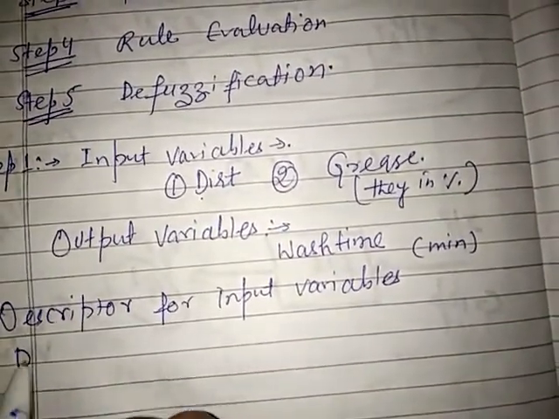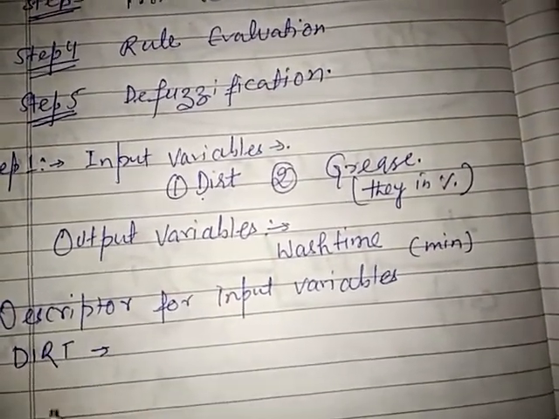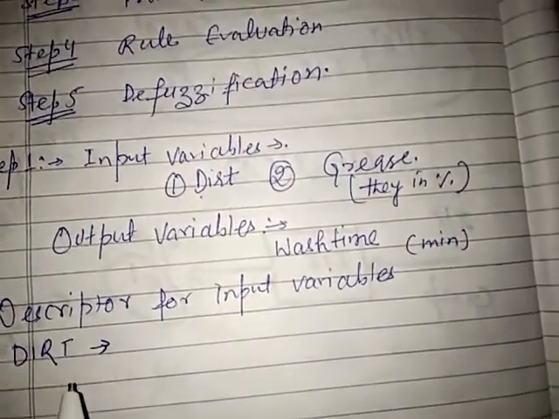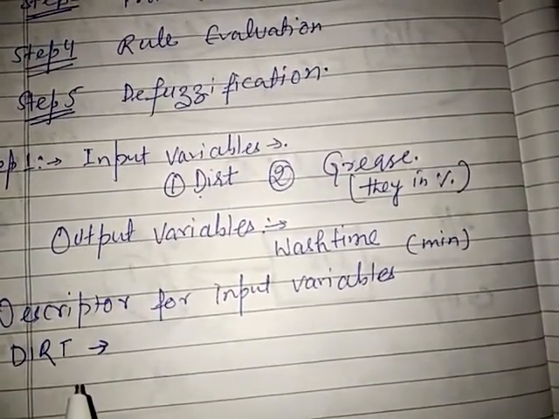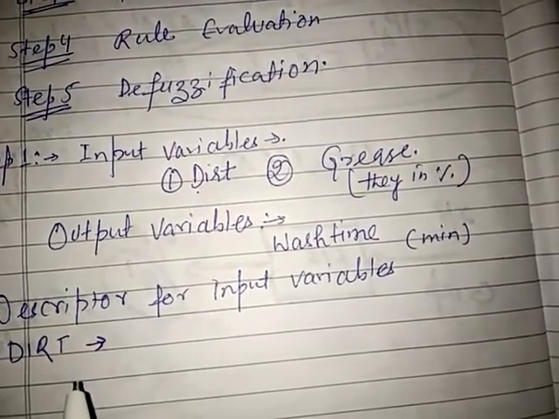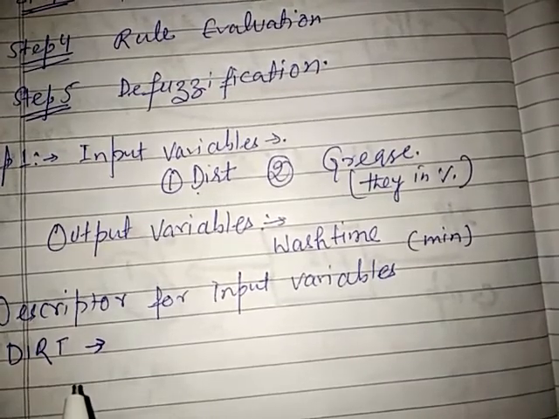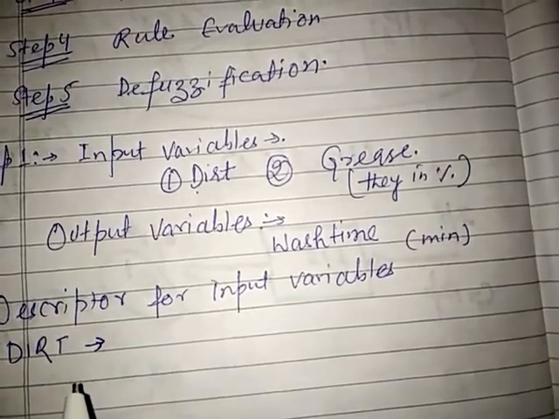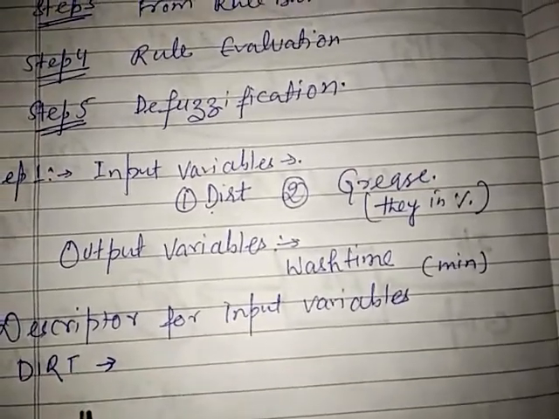The first input variable is dirt. In our problem, we use three descriptors for each input variable and five descriptors for the output variable.